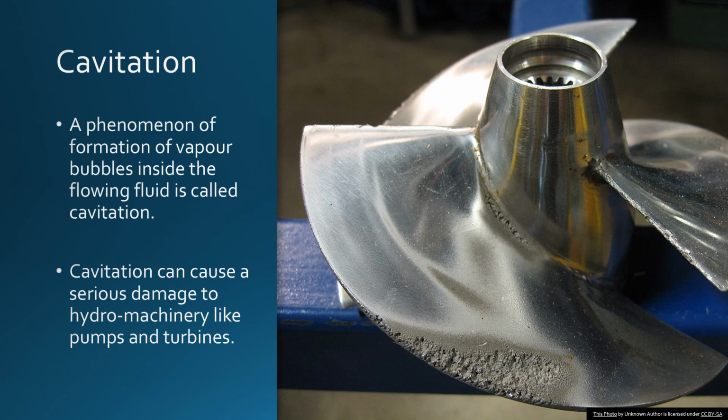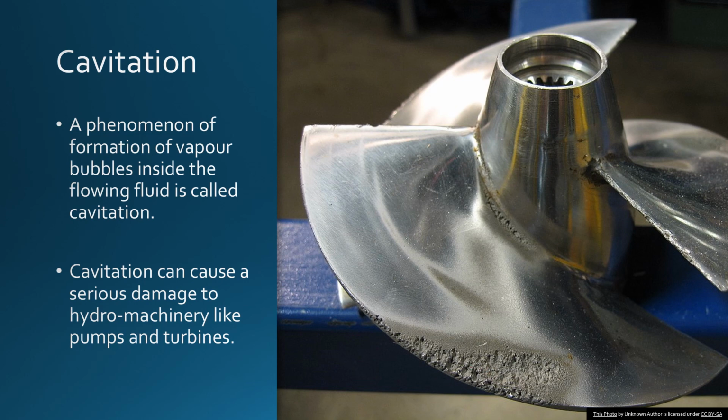Now, once the vapor bubbles are formed, because of the flow they will be swept away, and eventually, when they reach some high pressure area, they will burst because of the high pressure. That means the water around the bubble will hit the surface.